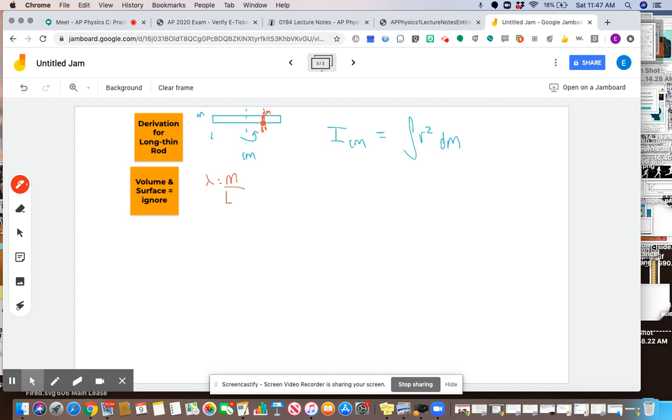Okay, we're going to relate it. We're going to take a look at just half the rod first. Sum from 0 to the end. And we're going to have to multiply that integral by 2.